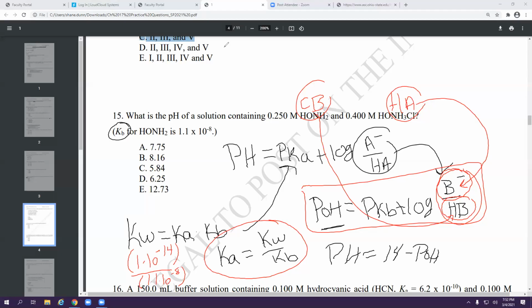What did you see, the A minus? The HA? So you're going to plug in 0.4 divided by 0.25. Yeah, D. I got B. Okay, so we have different answers. Let me see your graphing calculator.